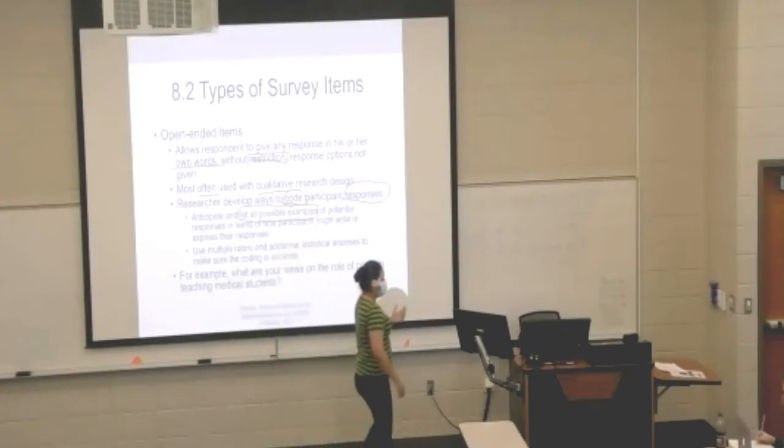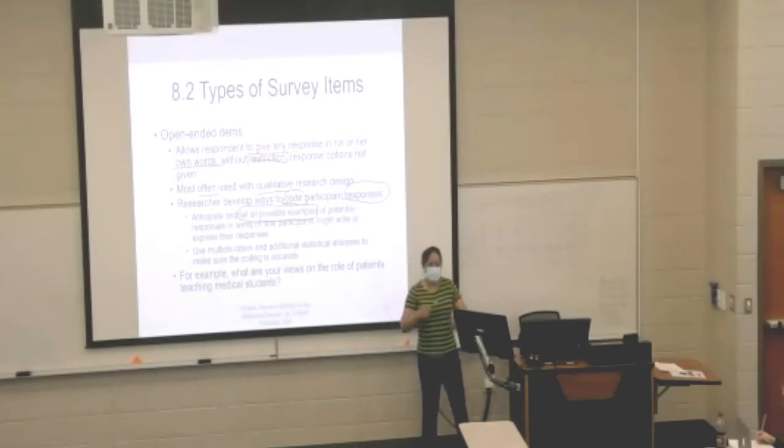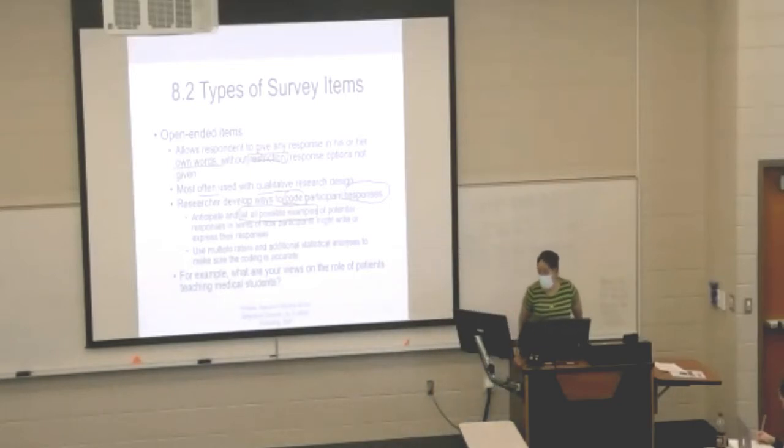If you do this beforehand, it makes it much easier to code the responses. Now, every now and then you're going to get a response that doesn't fit any coding. But if you did your job correctly, most of the answers will fall in those predicted categories. So any questions about that?